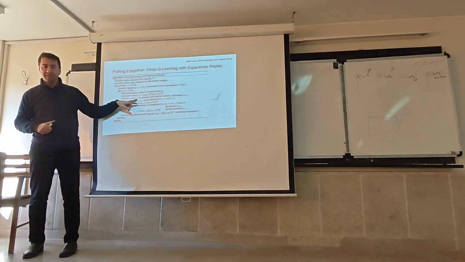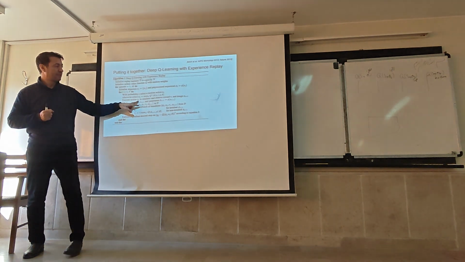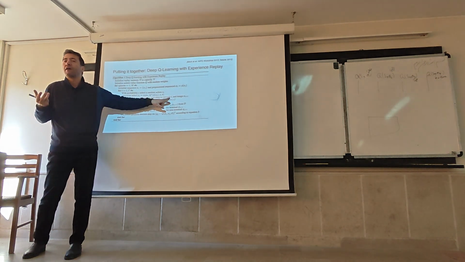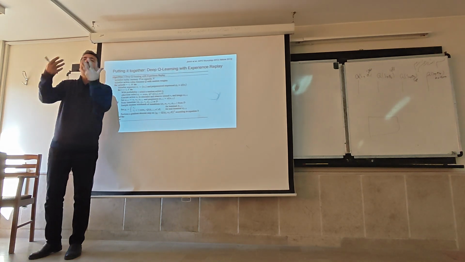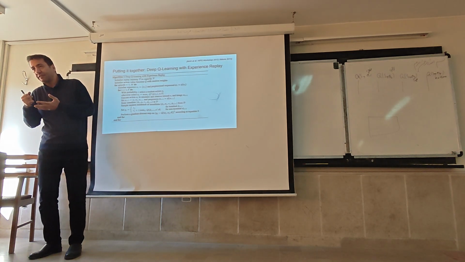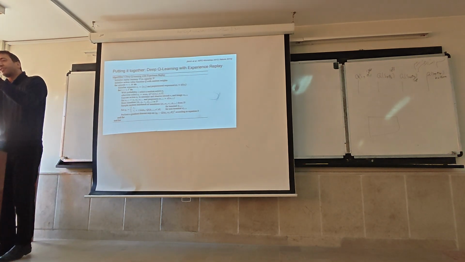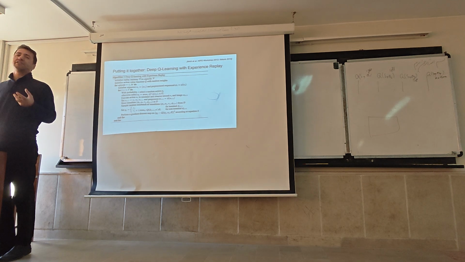So, now we find the action, we do the action in the game, and we see what the reward is and what the next state is. For example, if we go right, we go to the other side of the video. That other side is our next state.